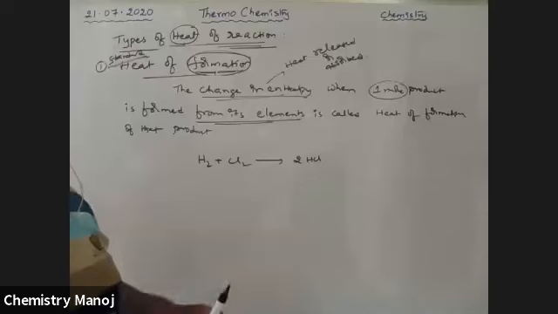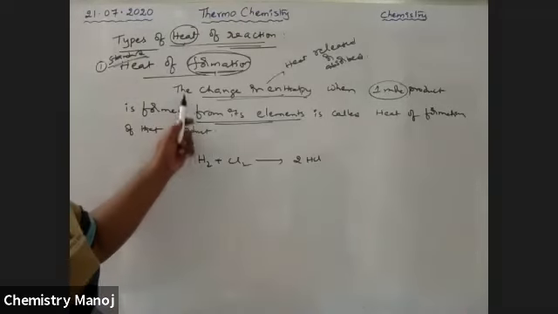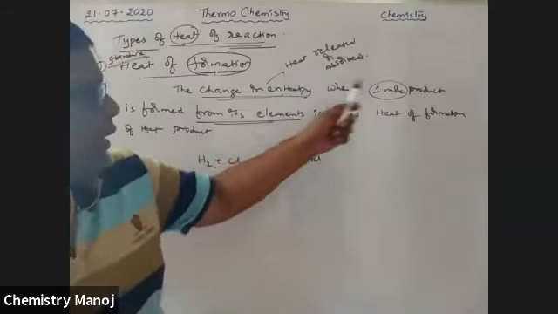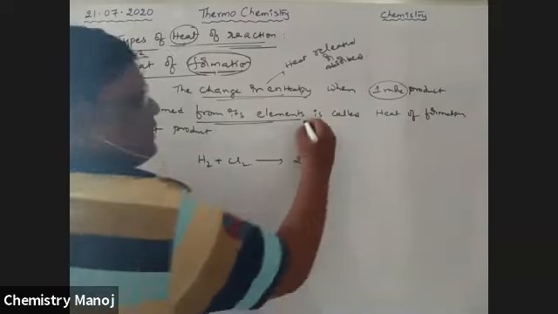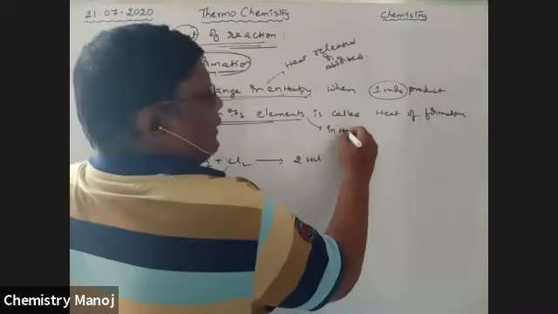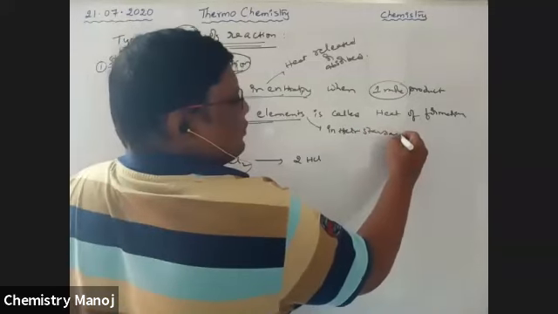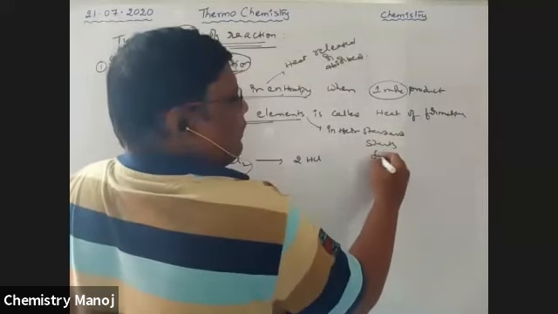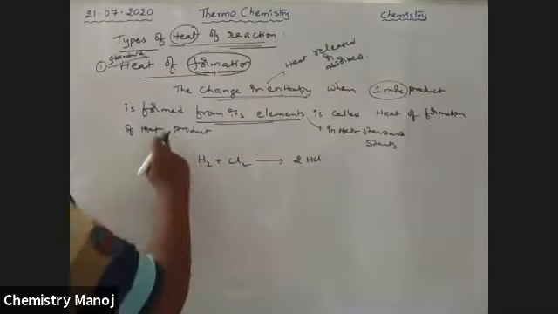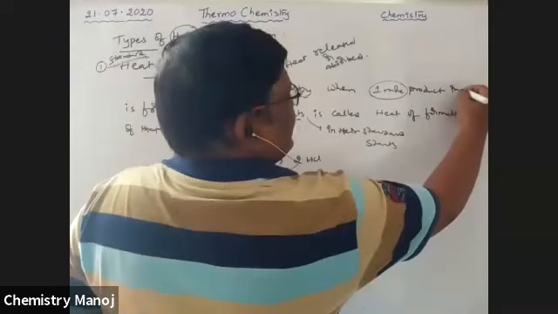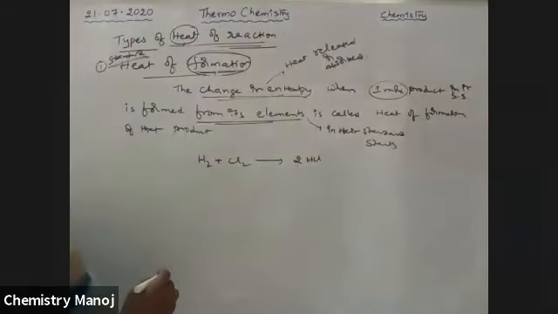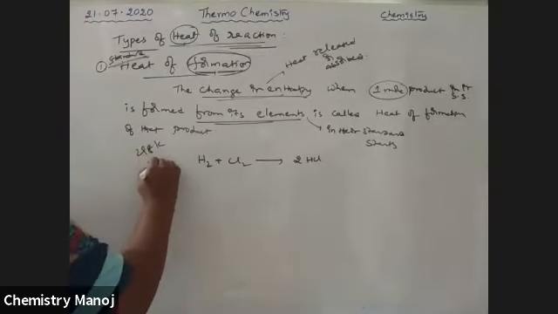Standard heat of formation means the change in enthalpy when 1 mole of product in its standard state is formed from its elements in their standard state, at standard conditions, that is at 298 Kelvin temperature and 1 bar pressure.